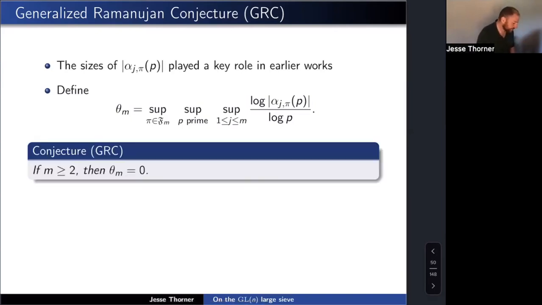The generalized Ramanujan conjecture asserts that if m is at least 2, then theta_m is just 0. So all of these parameters in the Euler products are just bounded by 1. And if I look at a p not dividing the conductor, then these local roots should just equal 1.